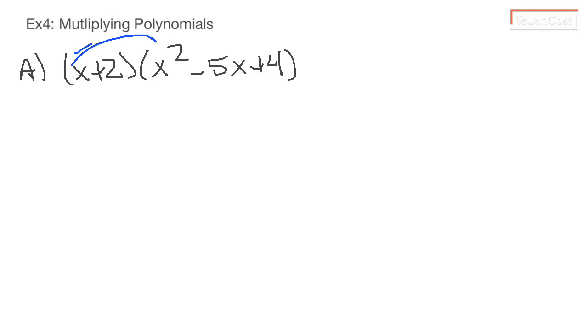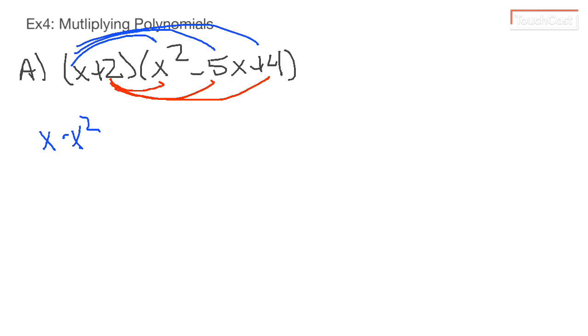So the first method is we're going to take that first part of this binomial and distribute it to everything in the trinomial. And then we're going to take the second part and do the same thing. So let's start with the first part. X times x squared is going to give us an x cubed. In fact, let me write x times x squared, plus x times negative 5x, plus x times 4.